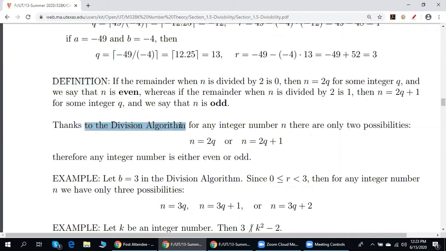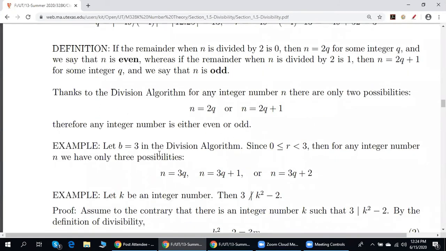Thanks to the division algorithm, for any integer n, there are only two possibilities. N is of the form 2q, or n is of the form 2q plus 1. Therefore, any integer is either odd or even thanks to existence, but not both, thanks to uniqueness.